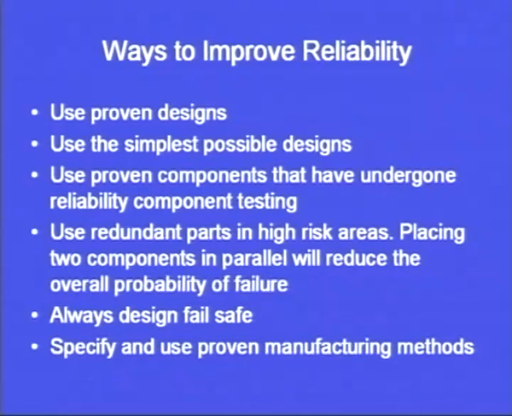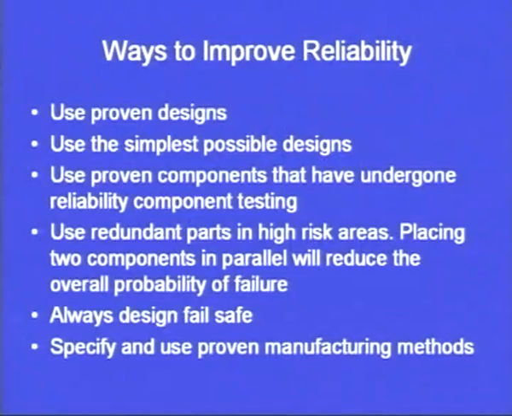Now the reliability of this system or product would depend upon the individual reliabilities of the components that have been assembled together to make this product. We need to understand that each and every component should have a proven track record of providing a reliable service. So on your screen you can see the third point, use proven components that have undergone reliability component testing.